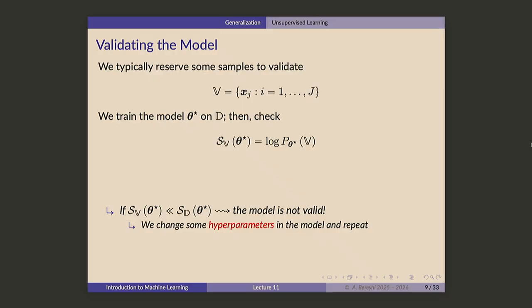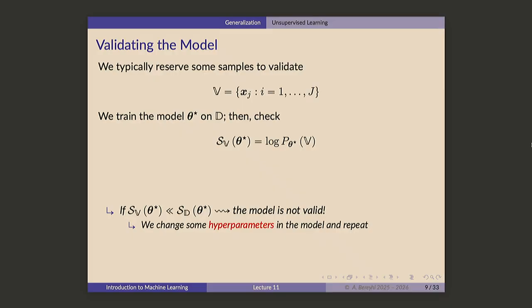Because the data had been in, say, 3 different clusters, but I assumed 2 clusters, and then the middle cluster is somehow shared between the 2 clusters that I assumed, and it's not fitting the data well. Maybe I should use k equal to 3 instead of k equal to 2. So if that happens, I can go ahead and change the hyperparameter and do this again.